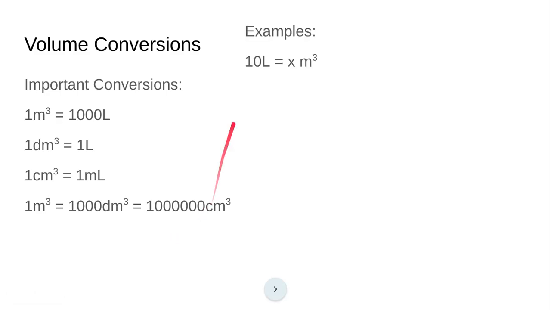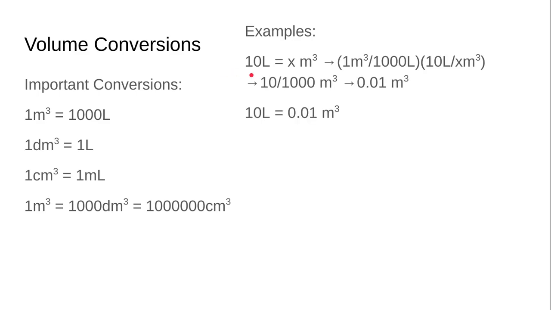Now, to get started with some examples, this example tasks us with finding how many meters cubed 10 liters is. So to do this, we can use some dimensional analysis. We start over here. We know that 10 liters is equal to x meters cubed. And we also know that 1 meter cubed is equal to 1,000 liters.